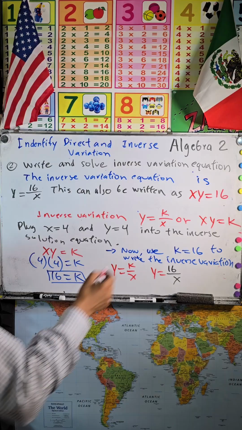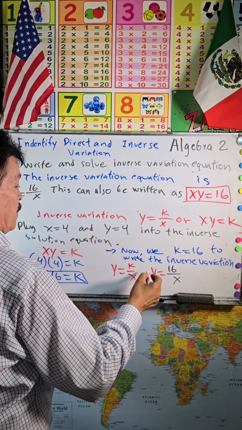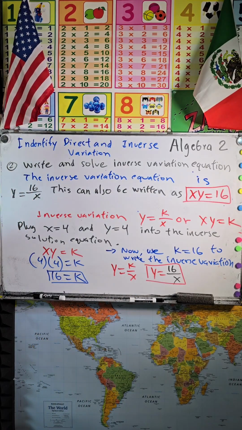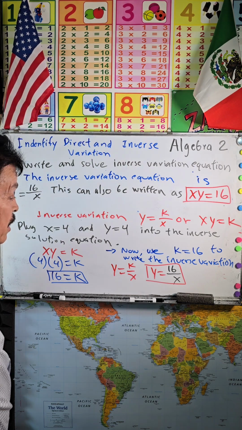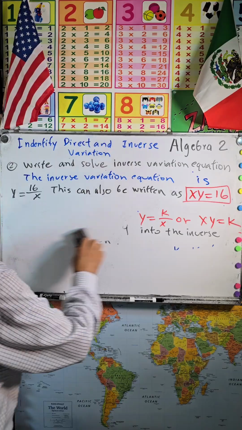And that's it. This one is the same as this one. Okay, so this is the inverse variation equation. All right, let me show you another problem.